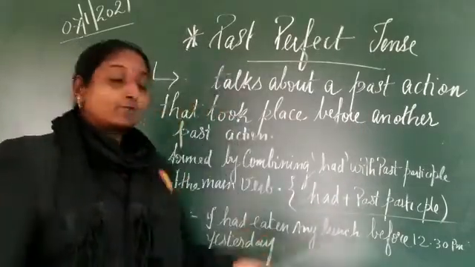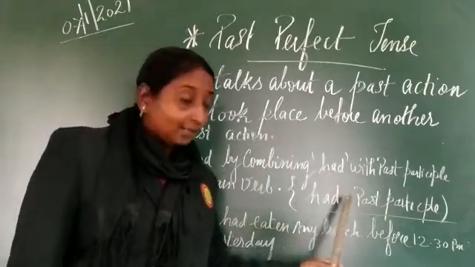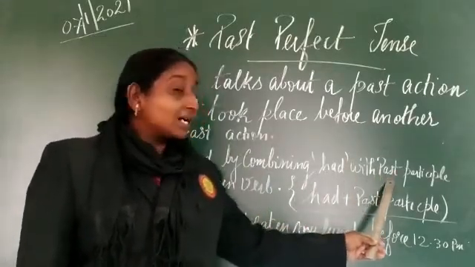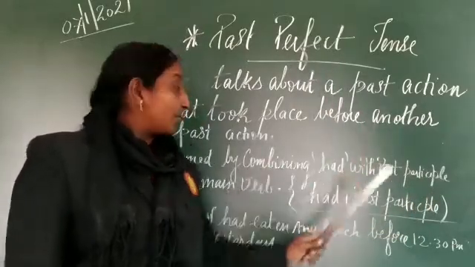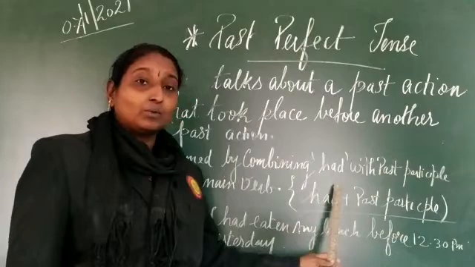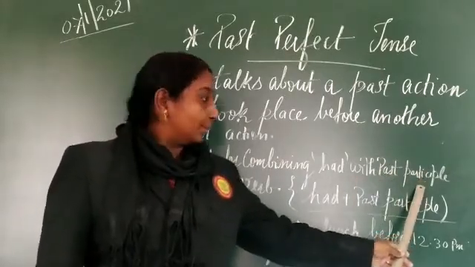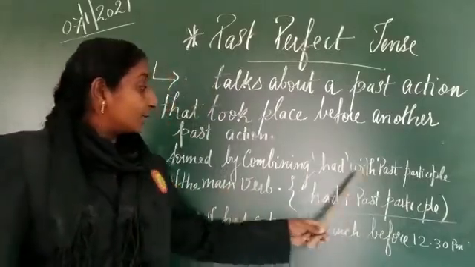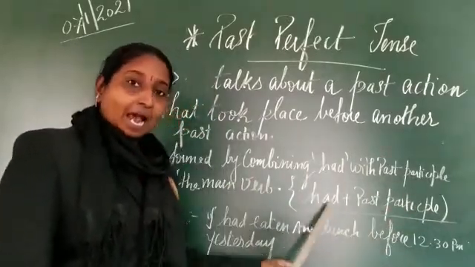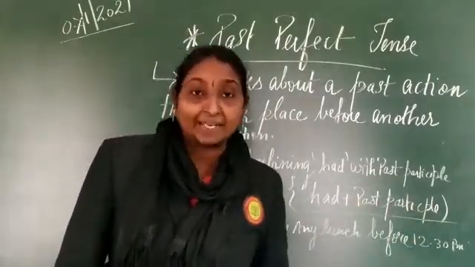Another thing that you have to keep in mind here is, it is formed by combining had with the past participle. The past perfect tense is a combination of the word had plus the past participle of the main verb.